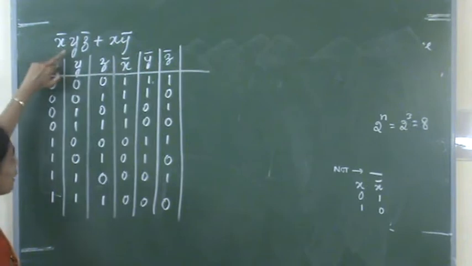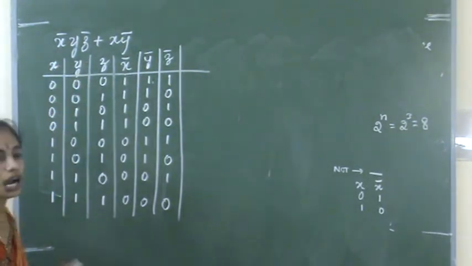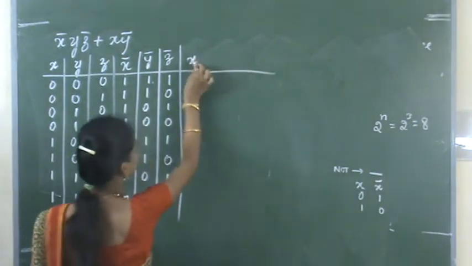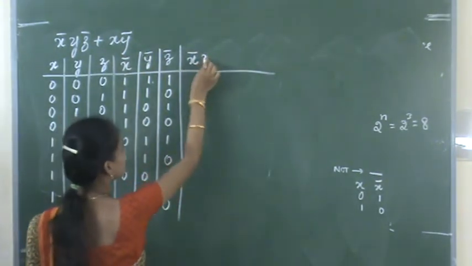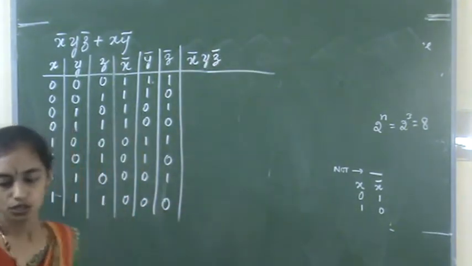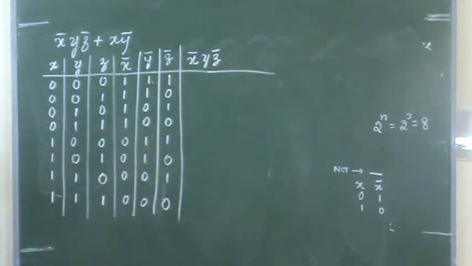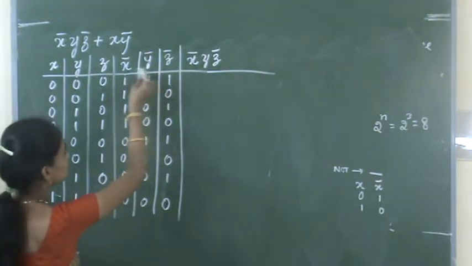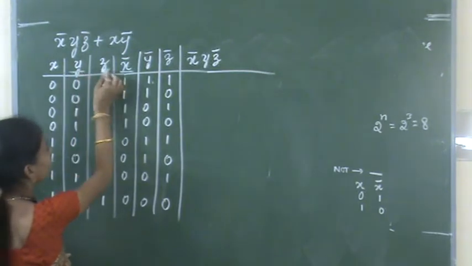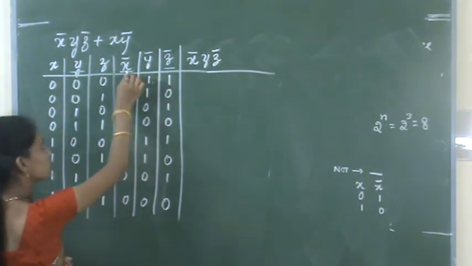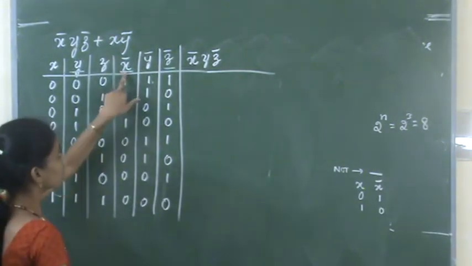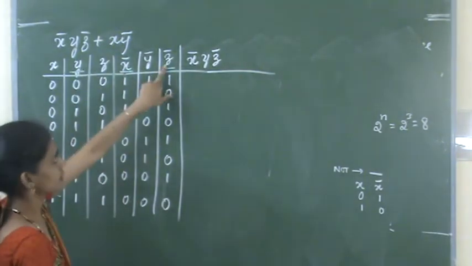Now I have to perform the AND operation. For this I take the first expression, x bar, y, z bar. So listen: I have to check these 3 variables, x bar, y and z bar.